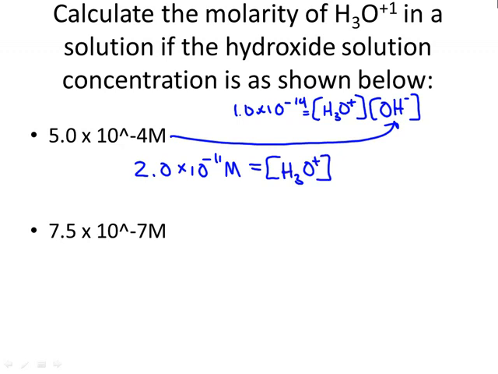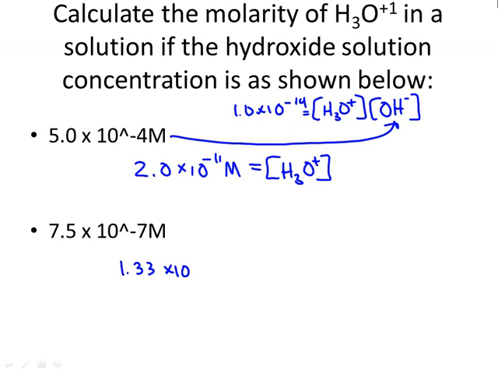Same process with the next one. 1.0 times 10 to the negative 14th divided by 7.5 times 10 to the negative 7th. I get 1.33 times 10 to the... looks like I put in the wrong value. So my calculator spit out 1.33 times 10 to the 20th.